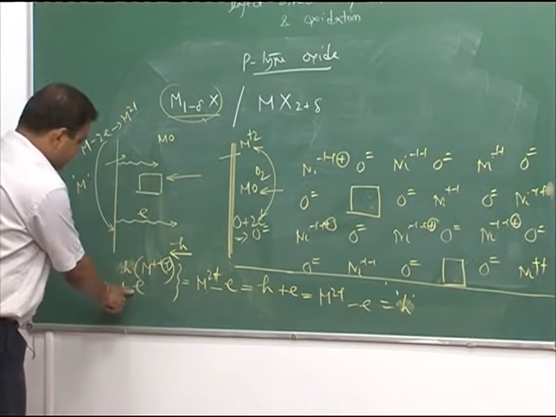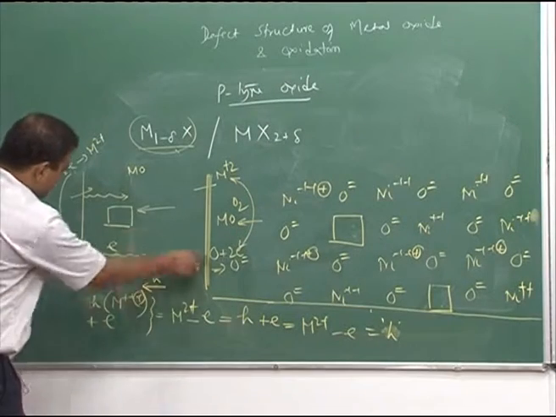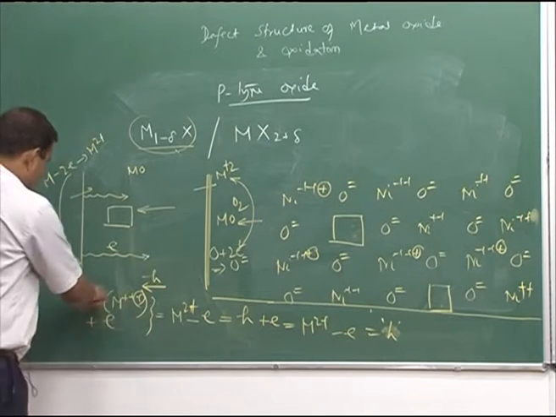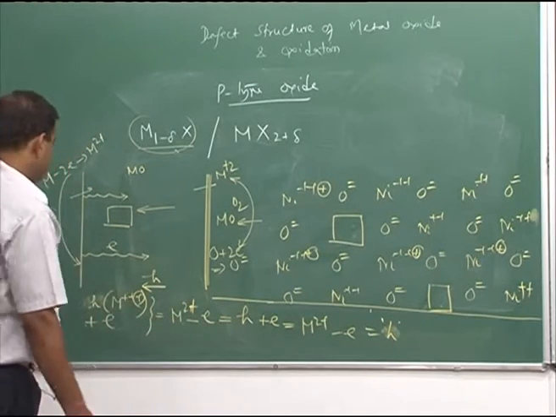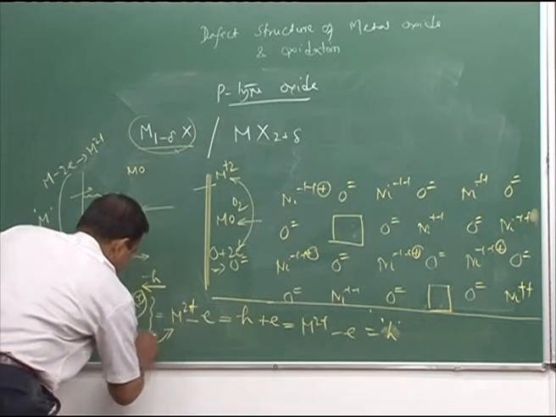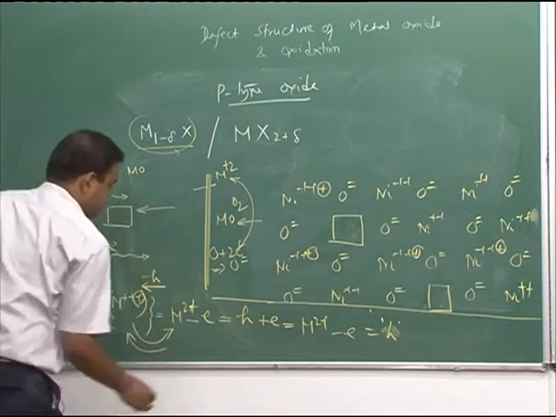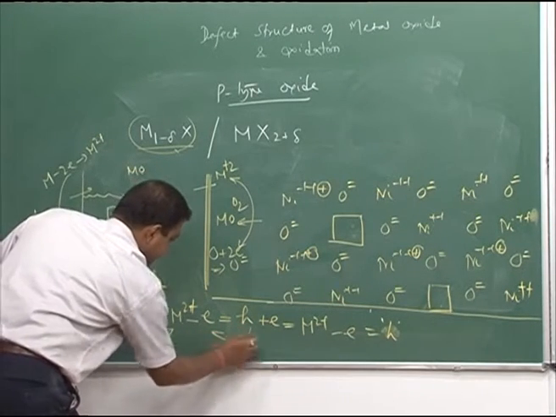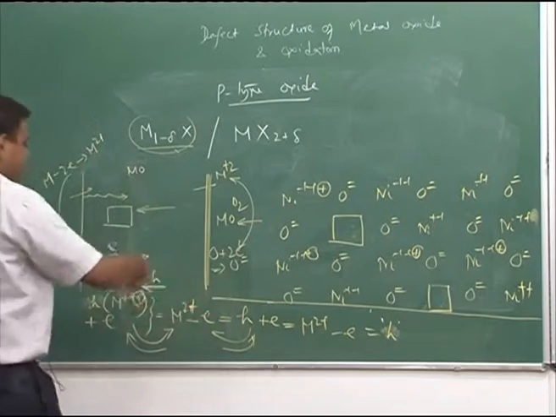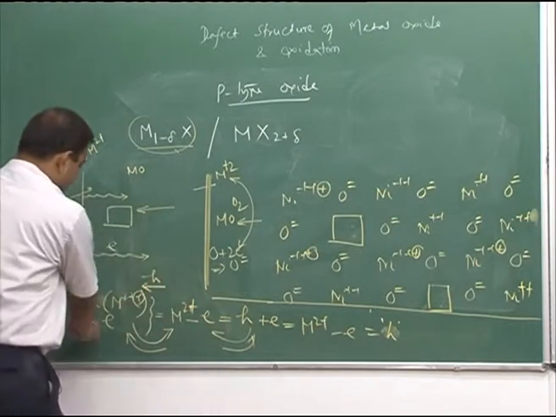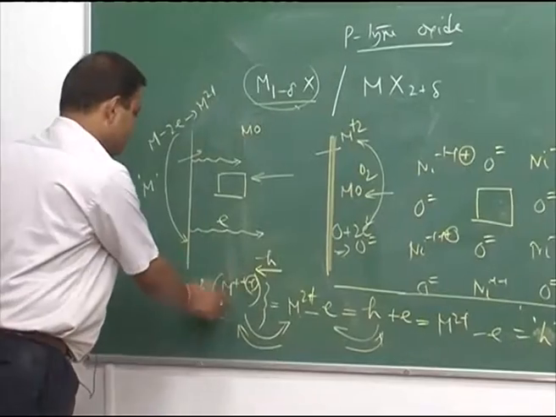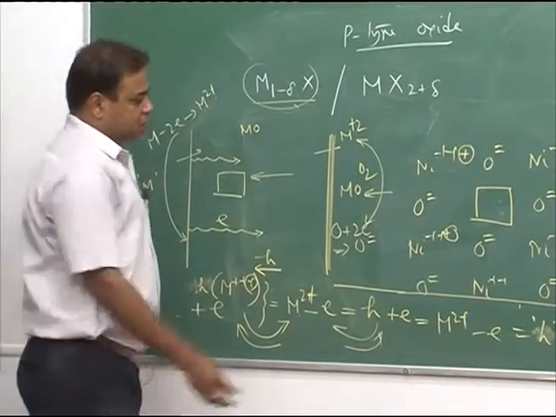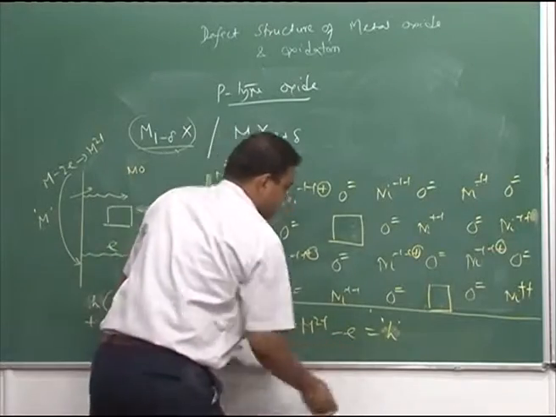So, we see that the electron is moving from this end to the other end due to the interaction with the hole, and the reaction nature is like this. So, there would always be an exchange like this. Due to this exchange, the electron is moving from this end to the other end, due to the interaction between hole and electron, and finally we have the electron reaching there.